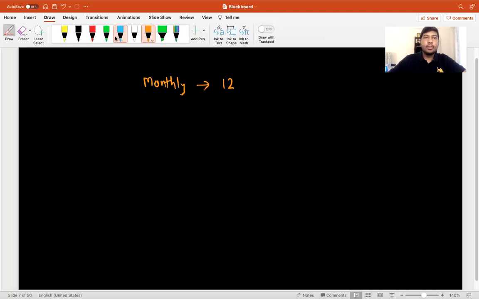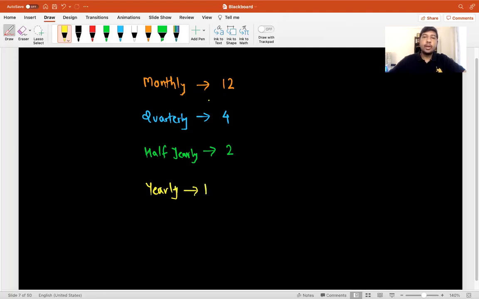In case the payments are happening quarterly, then in 1 year, you have 4 quarterly payments. If the payments are happening half yearly, then in 1 year, you have got 2 six-month periods or 2 half years. So you will put 2. If the payments are happening yearly, then in 1 year, there will be 1 payment.